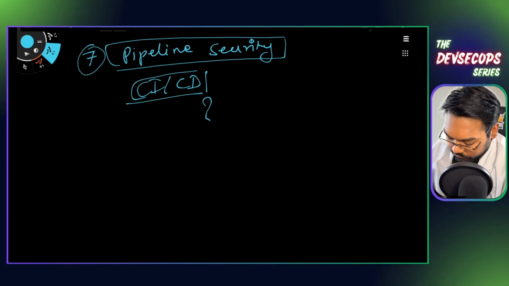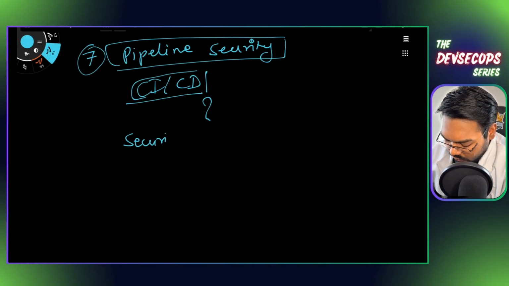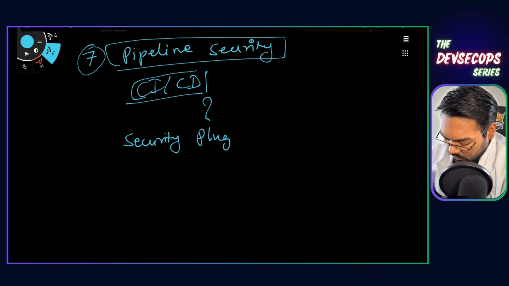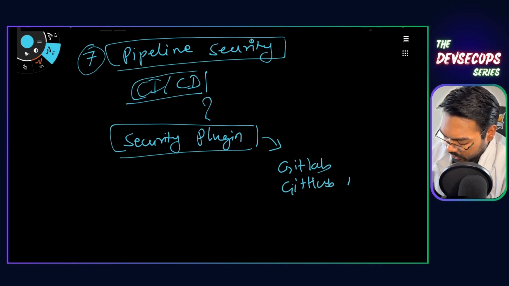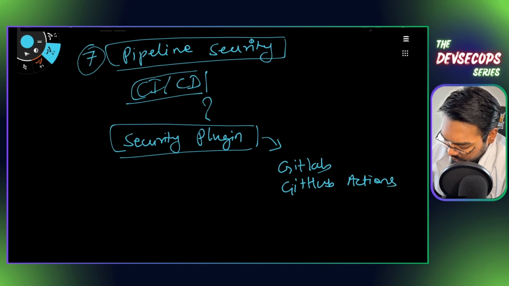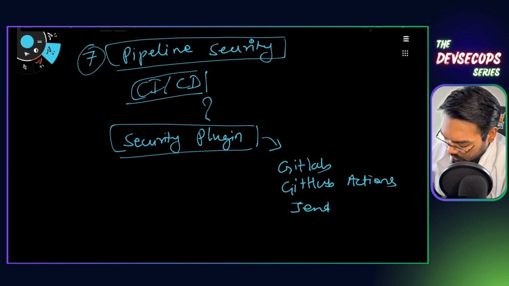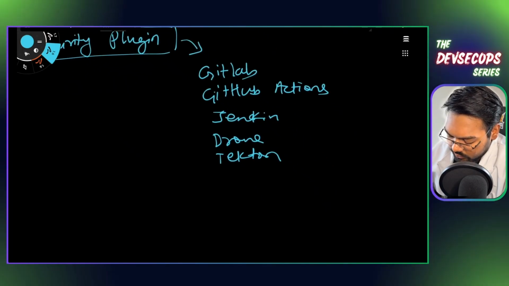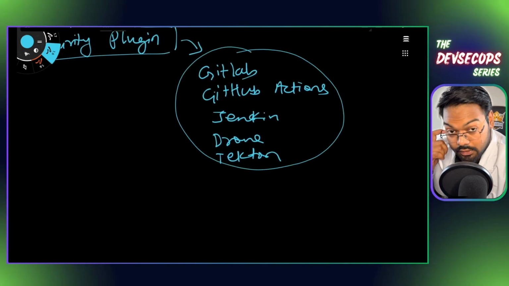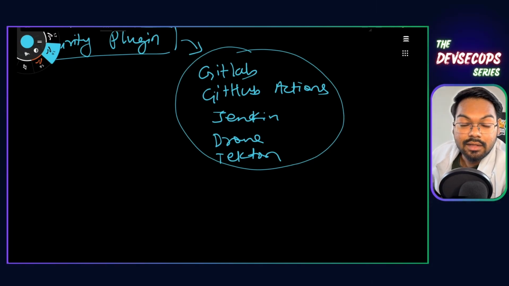So there come some security plugins which you can attach to your pipelines, whether it be GitLab pipeline, GitHub Actions, or Jenkins, or Drone CI, or Tekton pipelines. There are different tools that you might be using in your organization for pipeline related stuff.